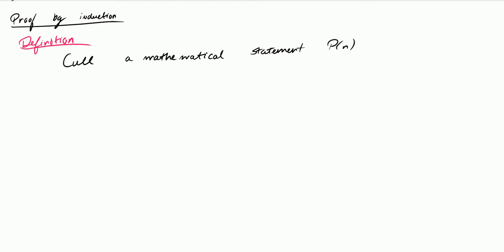Pn is sort of what's called a predicate function, but you don't need to know about that. So for example, it could be n is even, or something like n is a multiple of 7.